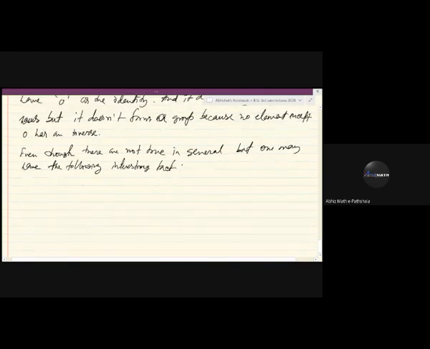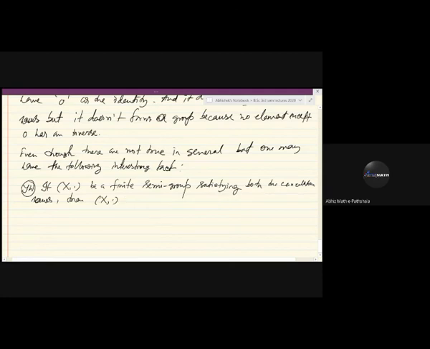What is that? Theorem: if X dot be a finite semigroup satisfying both the cancellation laws, then X dot will form a group.